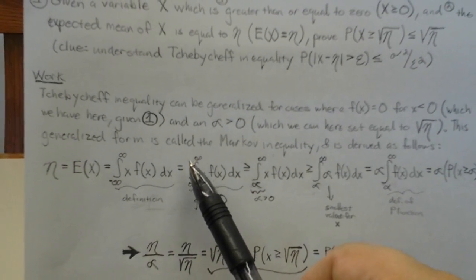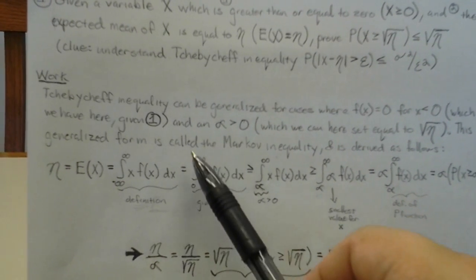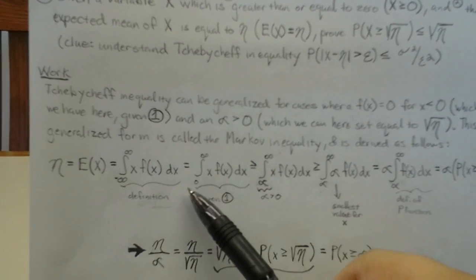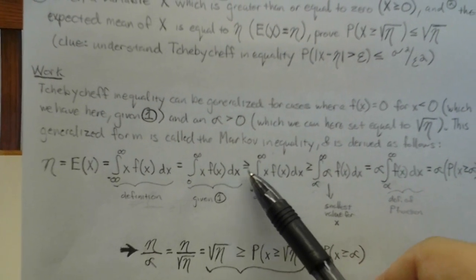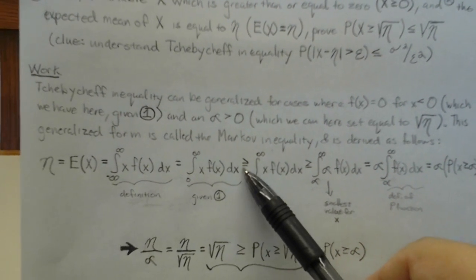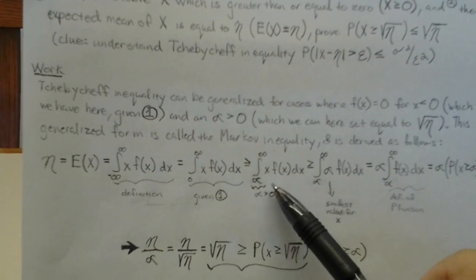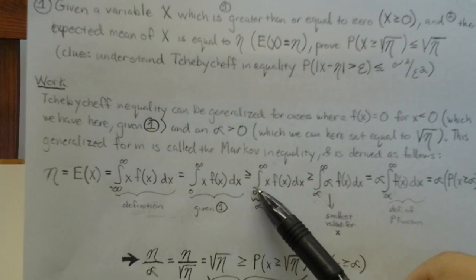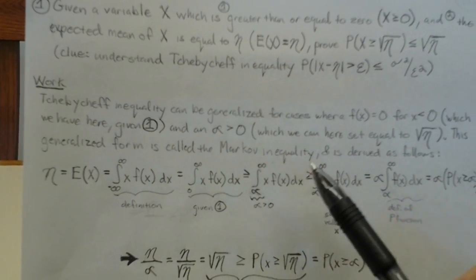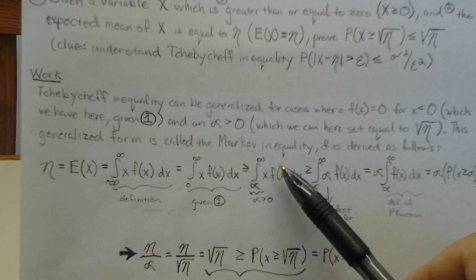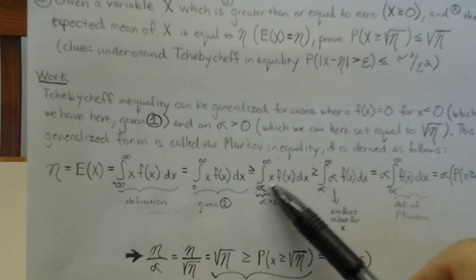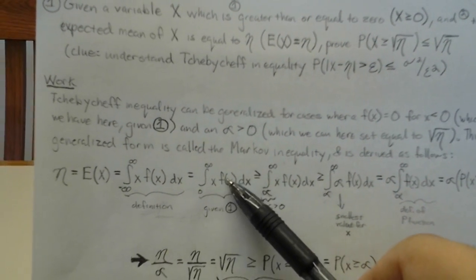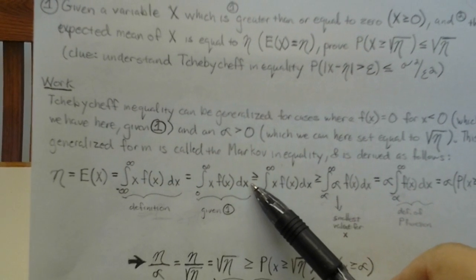Now, this integral covers everything under the f of x curve, so it makes sense that it would be greater than or equal to any other integral that starts at an alpha value greater than 0, which is how we defined it. That integral is by definition a subset of the area of this integral, hence this one will be greater than or equal to this.